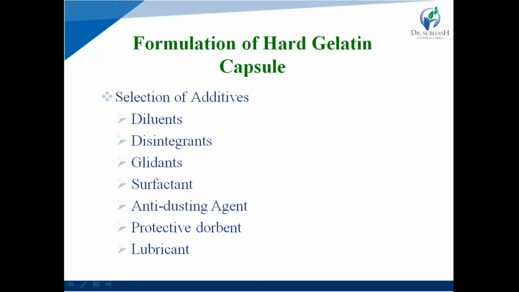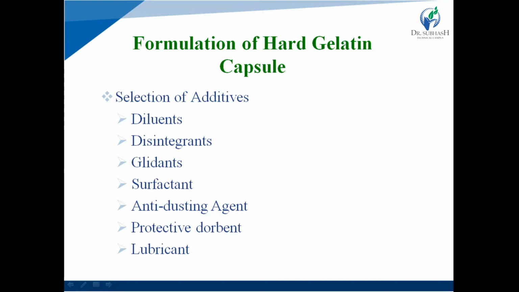They promote breaking up of the capsule content in the stomach, hence help in provoking faster therapeutic effect. Examples of disintegrant are croscarmellose sodium, crospovidone, pregelatinized starch and sodium starch glycolate.